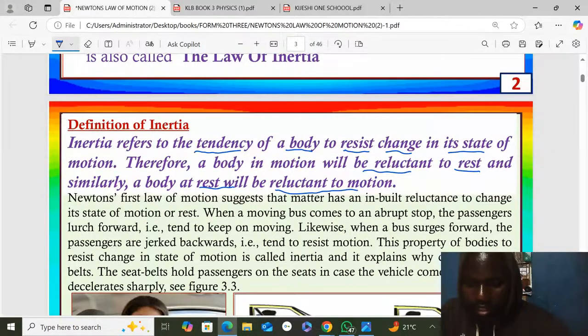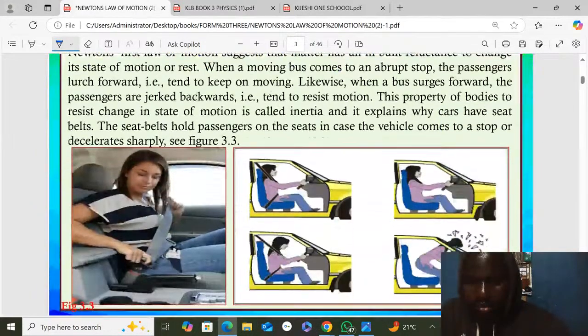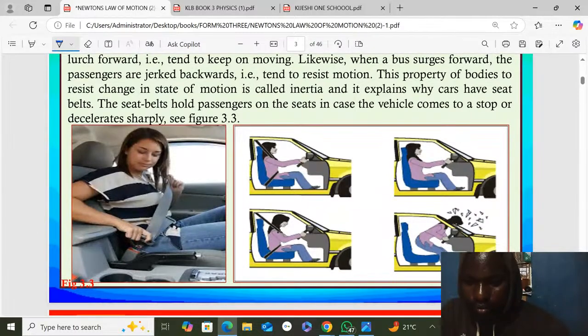We can have several occasions. For example, when a person is in a car and the car starts to move, the head tends to move backwards to resist the forward motion.